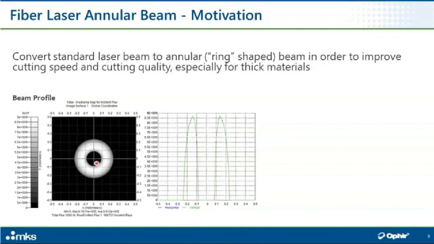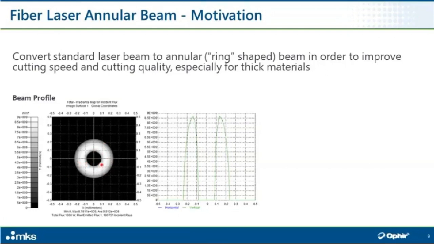In the center, there is no laser beam, no laser energy. All the laser energy is concentrated in this ring. Now we can control the diameter of the inner ring and the width of the ring and the outer diameter of the ring.